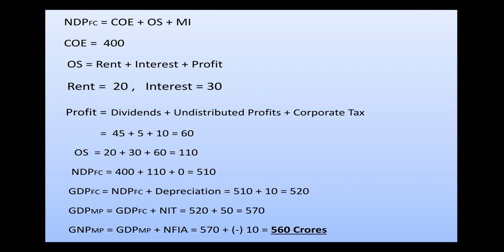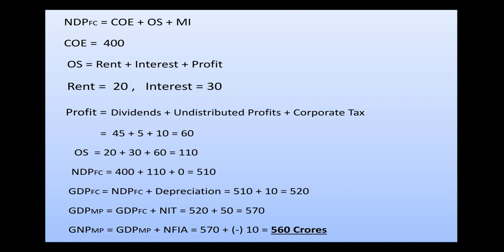We will add these three things, and profit comes to 60. So operating surplus is 20 plus 30 plus 60, that is 110. So NDP at factor cost is COE plus OS, because MI is not given, so we'll take it as 0. So NDP at factor cost comes to 510.